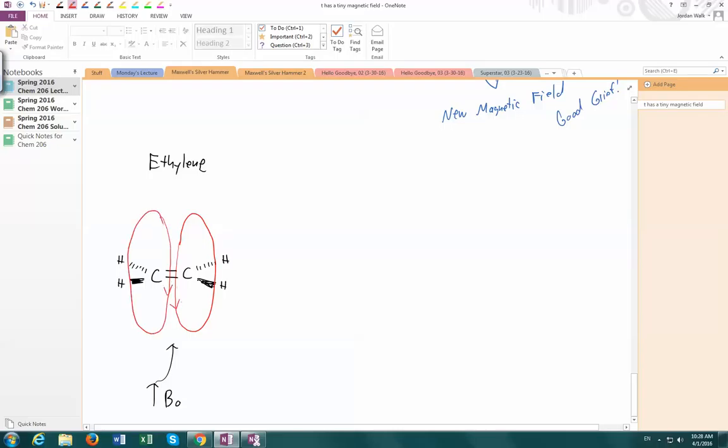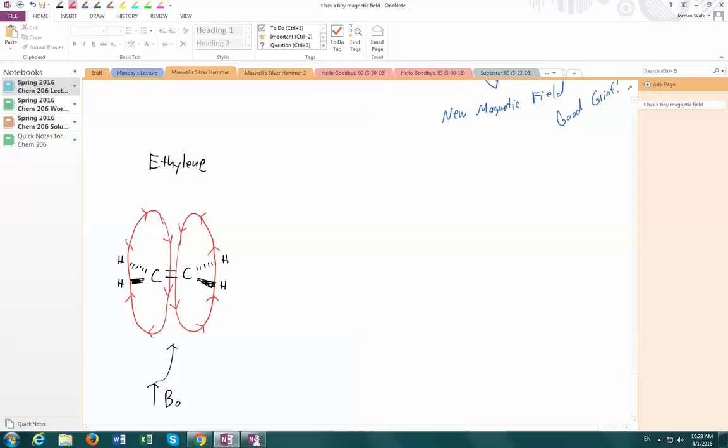And so it's going to be going in this direction, because in the middle of our molecule, it wants to be going against our magnetic field. But are the protons in the middle of our molecule? No, they're not. They're on the outside.